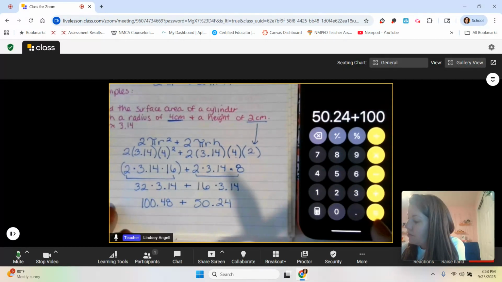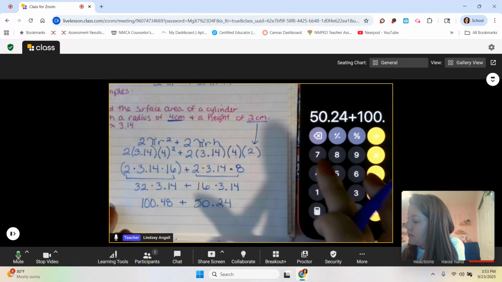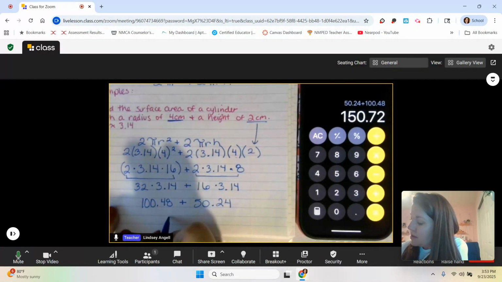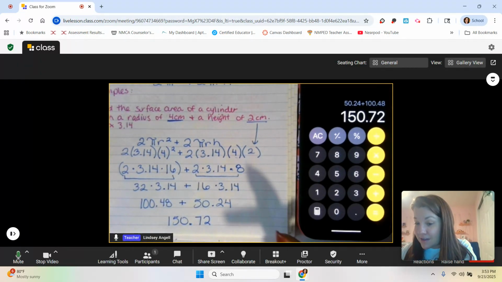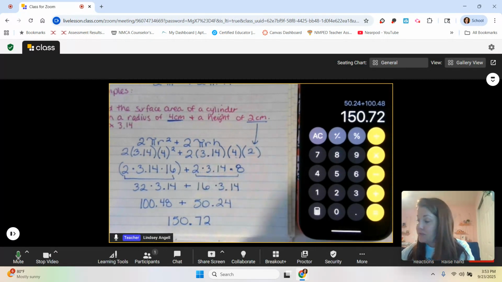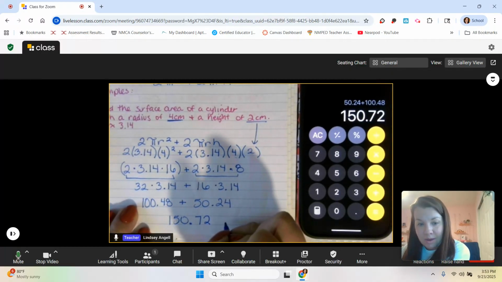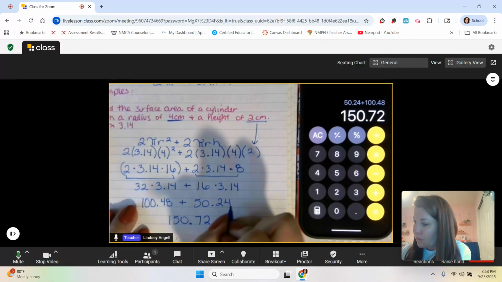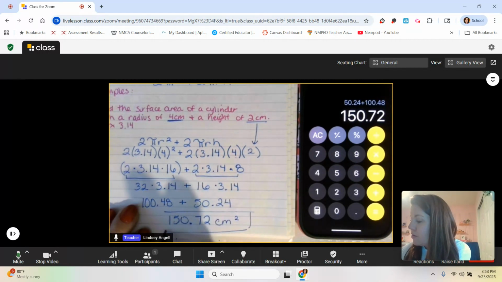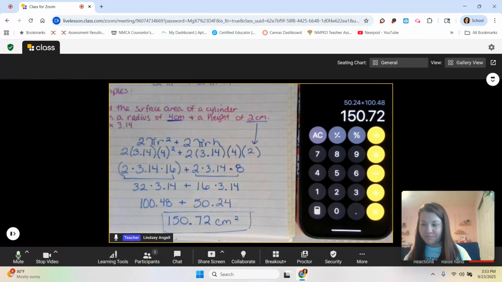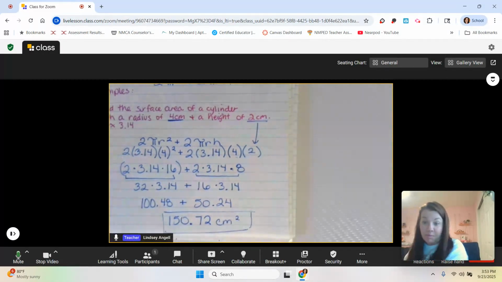So I'm going to add that to 100.48, giving me 150.72. Now, I know what these numbers were referring to. They were referring to centimeters. And since we're talking about area, that means they are squared. So this would be centimeters squared for my final answer. Okay? Let's do a couple more.